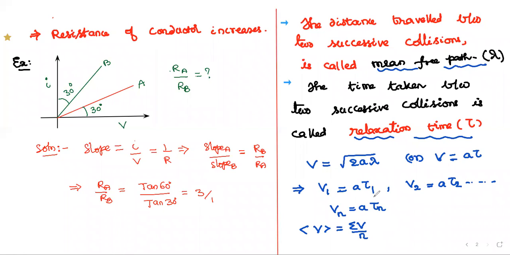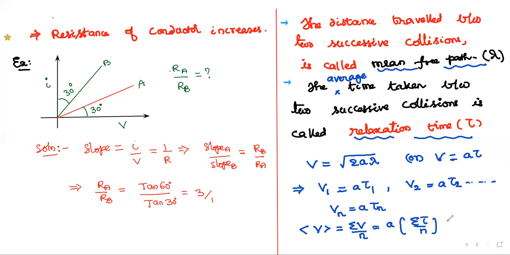So here, in that sigma, I am going to get a into tau 1 plus tau 2 plus tau n divided by n, meaning sigma tau divided by n. This is actually named as relaxation time, the average time taken between two successive collisions. So here we are putting average.